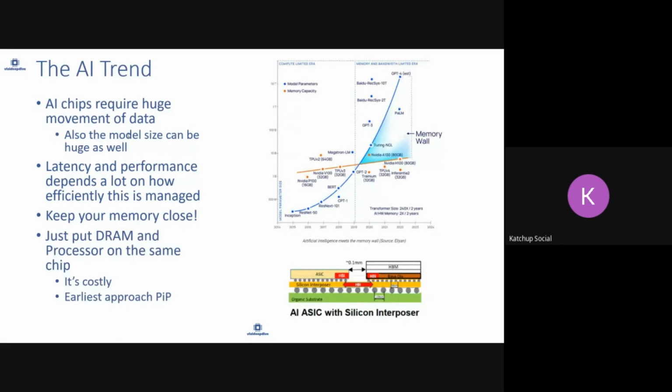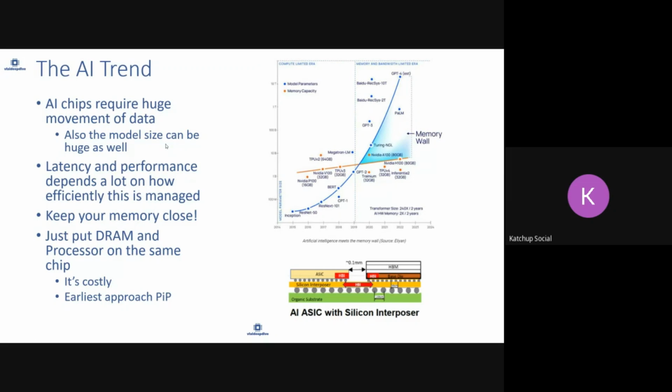Sometimes the model size can be huge as well, but they require huge amount of data transfer. A lot of the time, performance and latency depends a lot on how this data is managed. One of the key things is to keep your memory close, because you will be doing a lot of data transfer. It's important to keep your memory close so that you can do this data transfer faster, and that enables faster performance of an AI chip.